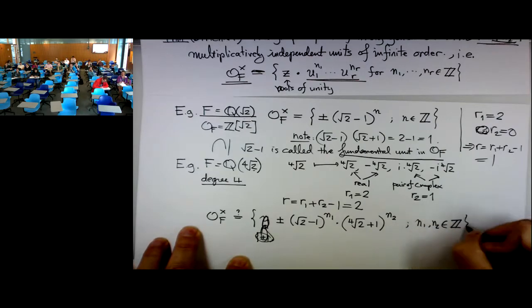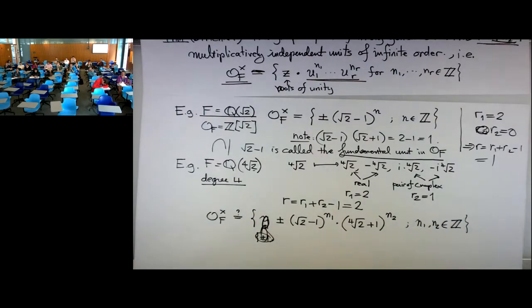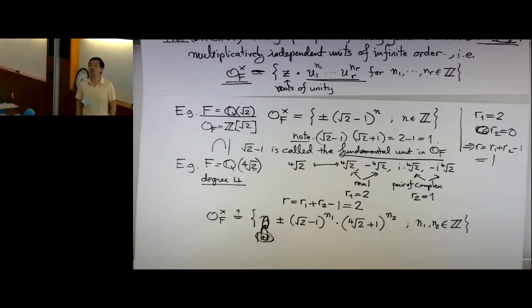But you figure that more examples should be good. Excuse me, how did we know that root 2 minus 1 is a fundamental unit in the first case, in Q(root 2)? It looks pretty small. I can't think of another number which looks smaller than that. In general, it's a difficult thing to determine whether a number is a fundamental unit or not. It requires some calculation.